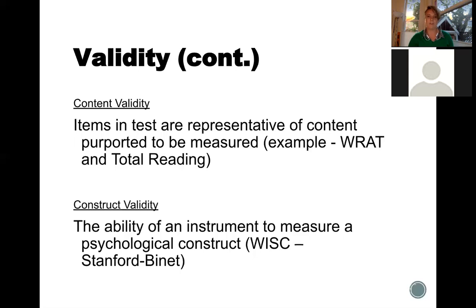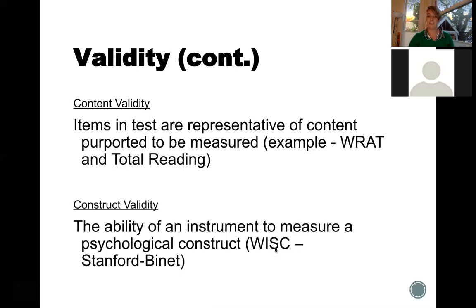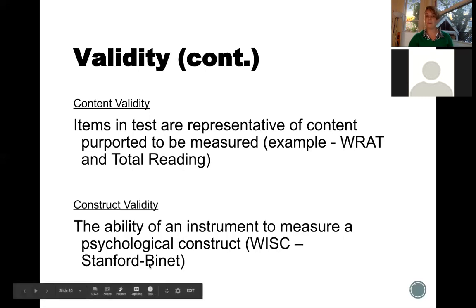Another example of construct validity is the idea that two tests are measuring the same kind of concept. So with the Wechsler Intelligence Scale for Children, it's supposed to be looking at intelligence, and you'd hope you get the same type of scaled score on the Stanford-Binet test of intelligence.